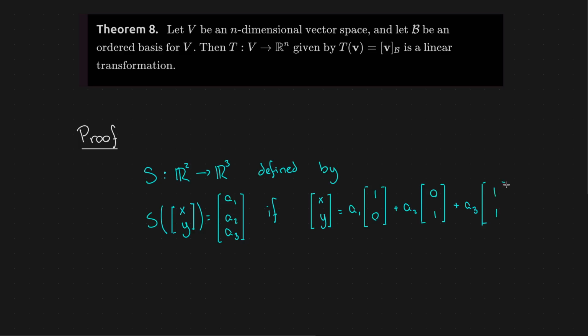Okay? So the transformation is just going to be the coefficients of the linear combination that equals (x, y).